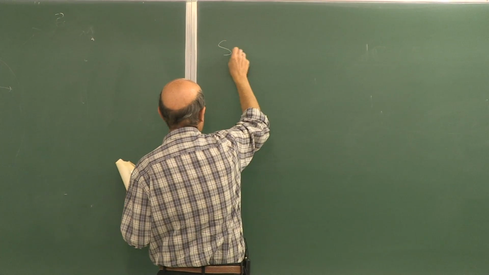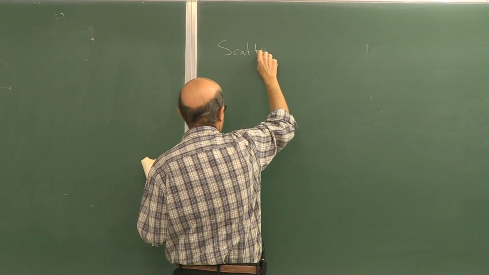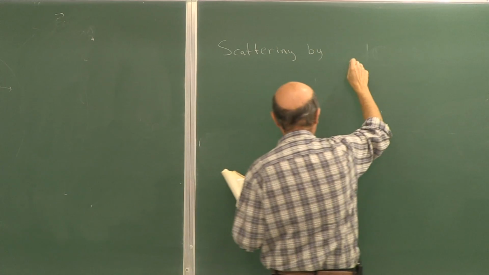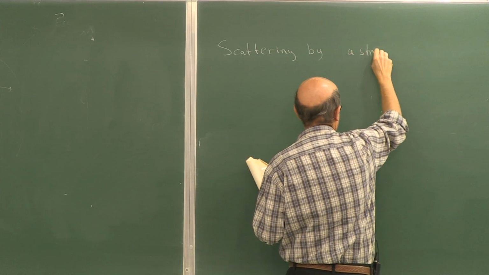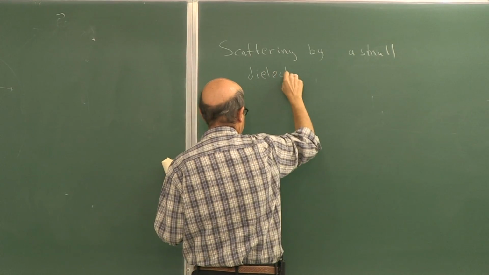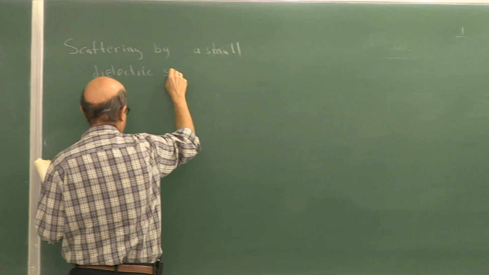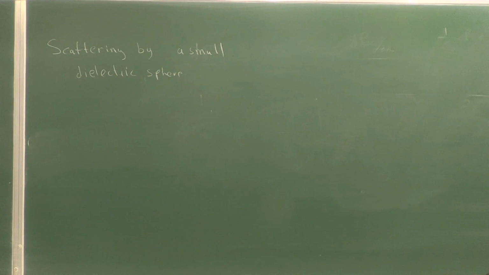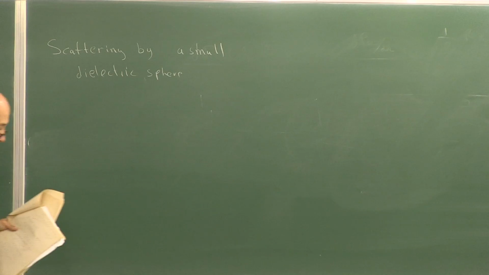So let's say scattering by a small dielectric sphere. So you have some material with dielectric constant epsilon, that is a sphere, and electromagnetic waves scattered from that.